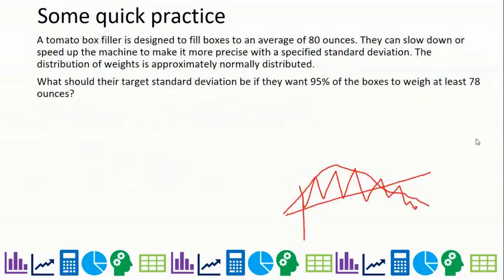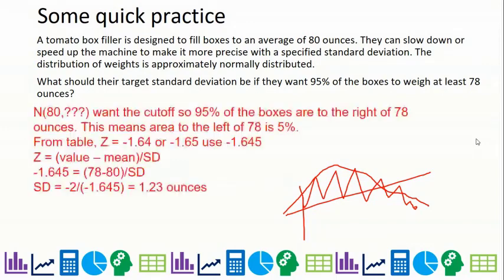Ignore my ugly drawing. What should the target standard deviation be if they want 95% of the boxes to weigh at least 78 ounces? On this one, we have an average, but we don't have the standard deviation. If you are missing the mean and or the standard deviation, you must use a z-score. In this horrible drawing is what I was attempting to do with my mouse.